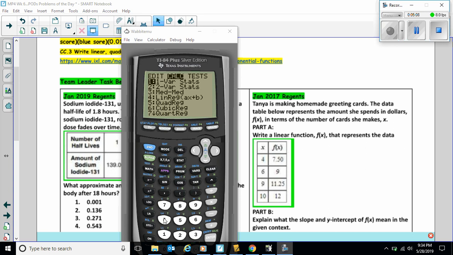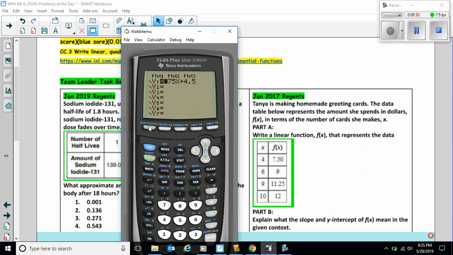We're going to press 4 for linear regression and hit enter. All right, we see our linear regression puts our slope at 0.75 and our y-intercept at 4.5. And then we put that in our calculator as such.